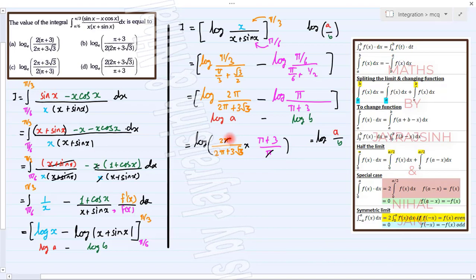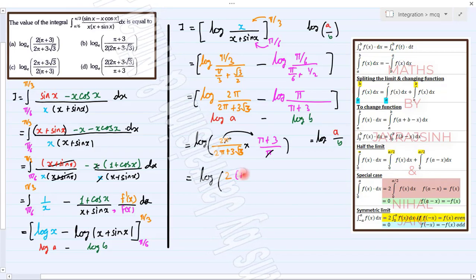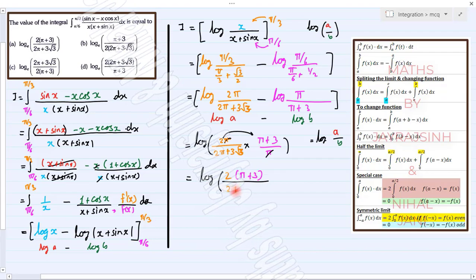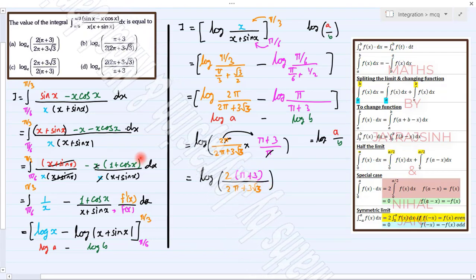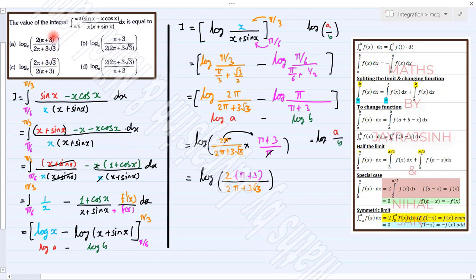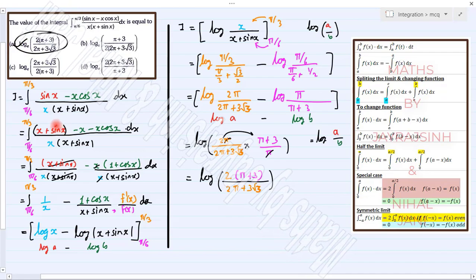So pi will cancel out, 2 will multiply with pi by 3, and we will get log of 2 times pi plus 3 upon 2 pi plus 3 root 2 as the final answer, which is given in option A. Ta-da!